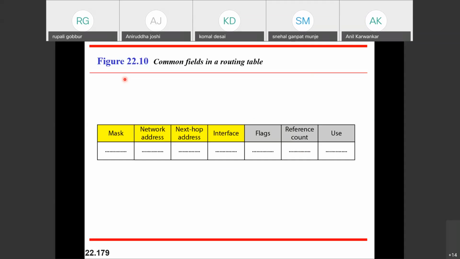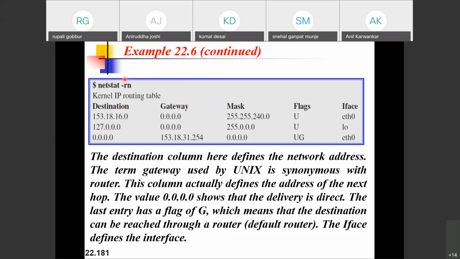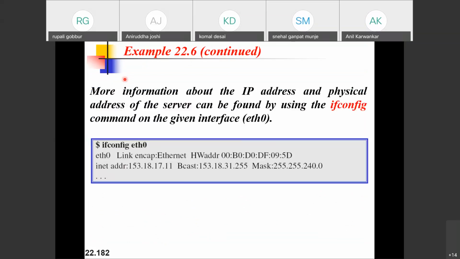Then the flags, which will define whether the packet needs to be fragmented based on the maximum transfer unit, whether that particular packet is a data packet or a control packet. I have shown you this in the practicals.